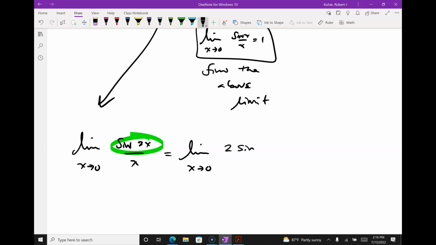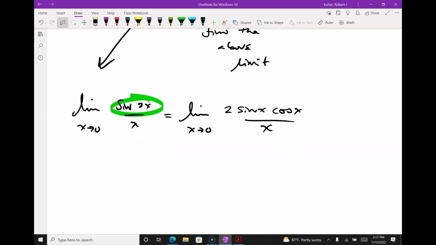It's 2 sine x cos x. What can I do with the 2, you think? I just proved it to you. You can do something with that 2. You can move it outside the limit.